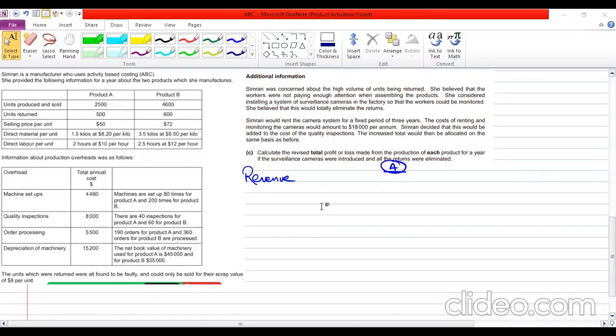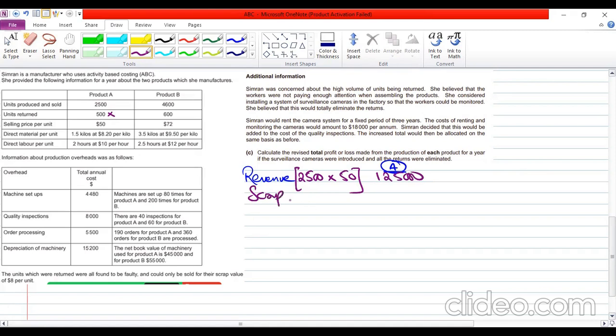So in that way, there are no returns. Our revenue is going to be for 2,500 units. You agreed with me or no? Yes, agreed. So the revenue is 125,000.